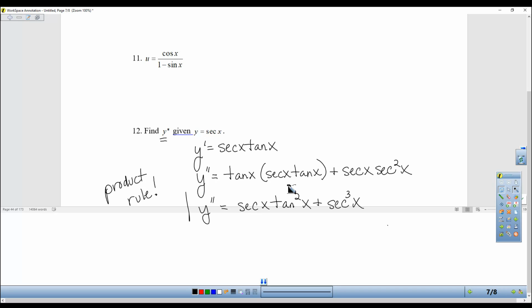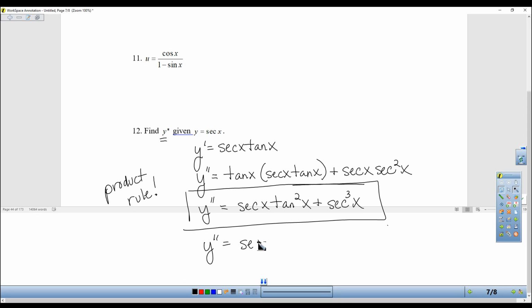Now, some people, which I love, might be thinking, oh, I bet if I factor out the secant, something good happens. It does. You'll get the tangent squared x plus the secant squared x. And at a glance, you might think that that's a 1, but it's not quite.